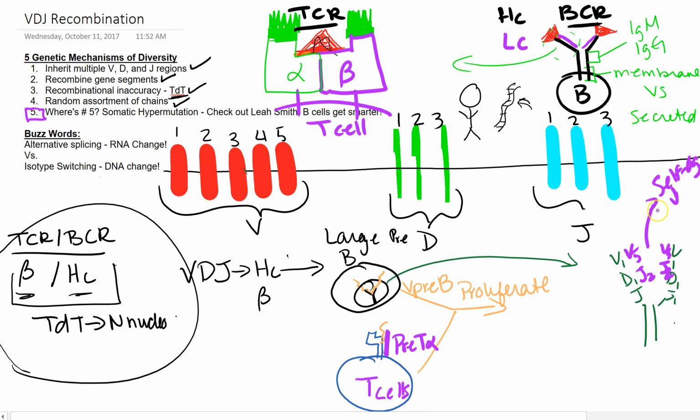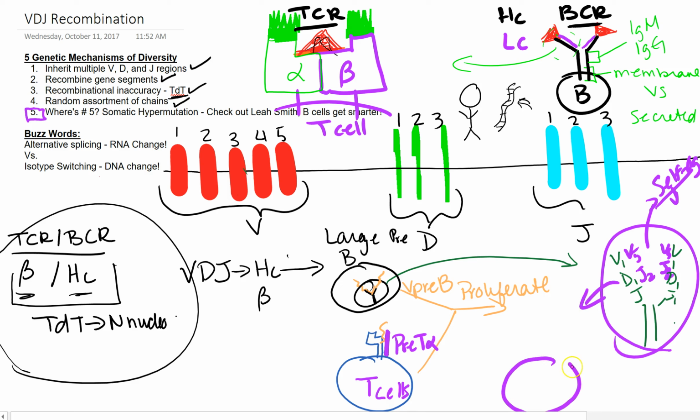It'll keep checking for self-antigen, and it will keep rearranging this B cell receptor until it either makes a light chain that, when paired with the heavy chain it had already made, does not recognize self-antigen, or until it runs out of genetic material. If it runs out of genetic material, the cell dies, and there's nothing that can be done about it, okay? All right, so let's say it does this and it makes a good pairing.